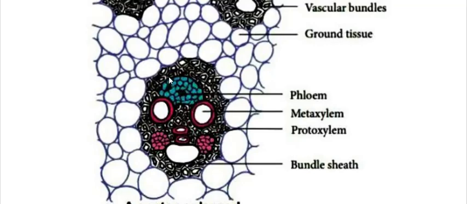Phloem, in which the crushed phloem is present toward the outer side, formed by the protophloem cells, and this lower functional part of the phloem is the metaphloem, and this phloem consists of sieve tubes and companion cells. This is Y-shaped xylem.